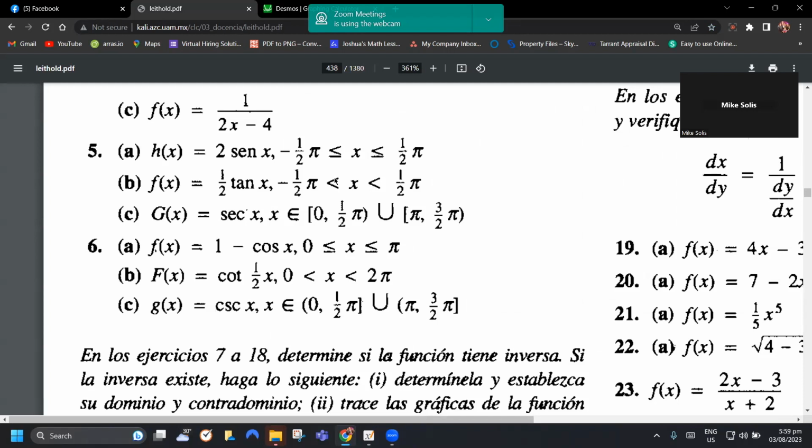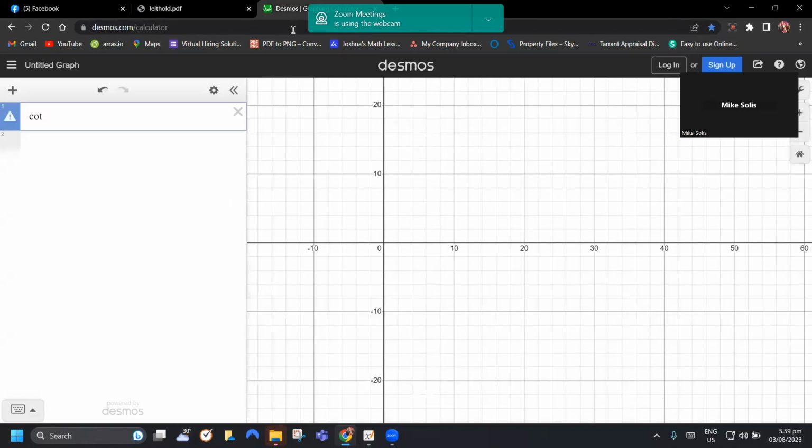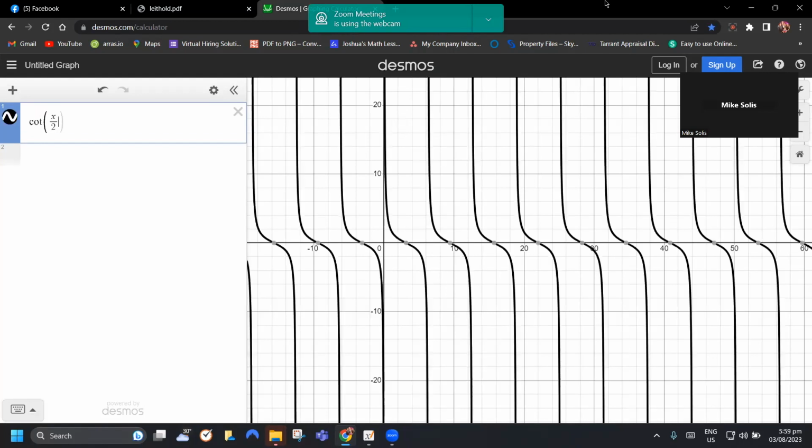Tapos, tangent. Okay, and then yung restriction.